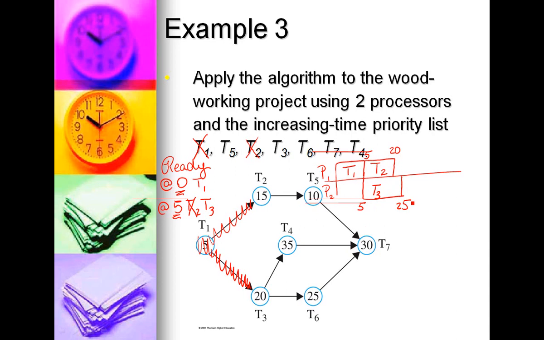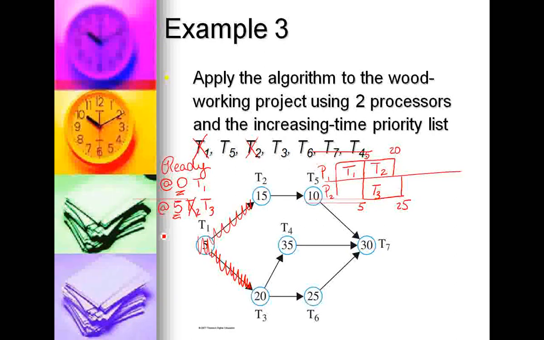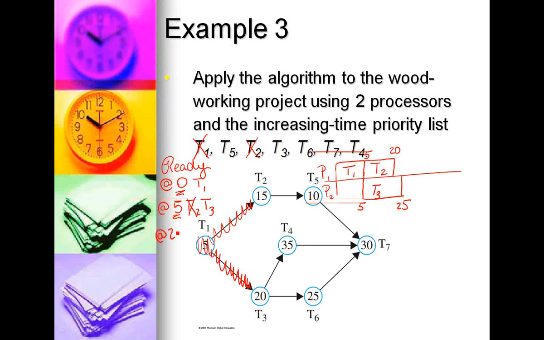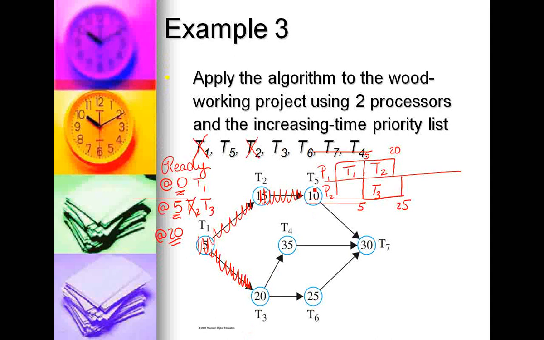What we want to do is schedule things as soon as possible, so we're going to look at what happens at that 20-minute time slot. At that time slot, T1 and T2 have been completed. If we look at who is ready at that 20-minute time slot, who are our sources now? That would be T5 and T3.